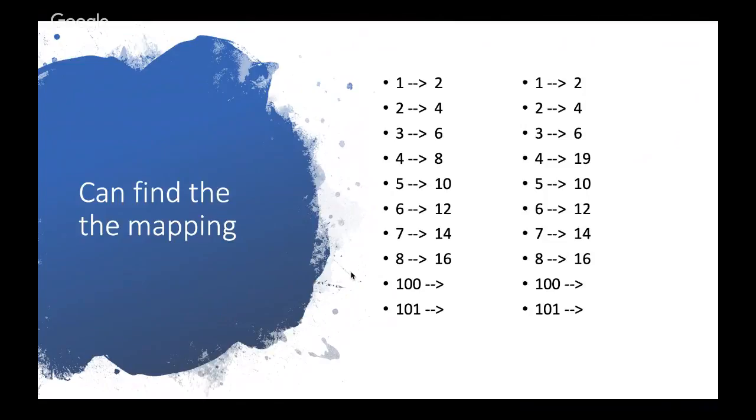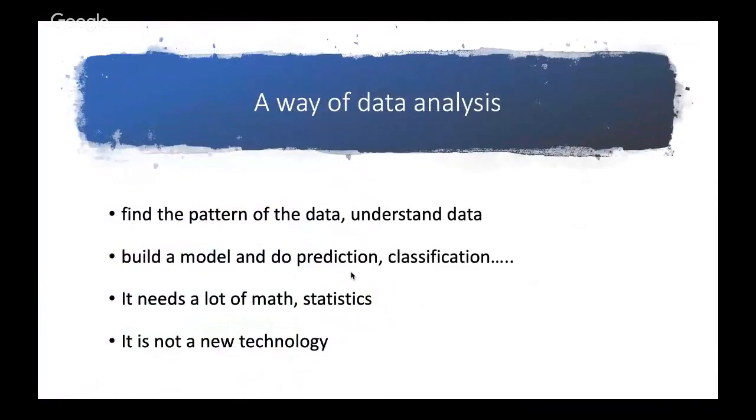So machine learning is a kind of way we use for data analysis. Simply, we let the machine learn something. And what will the machine learn? The machine learns from the data, right?